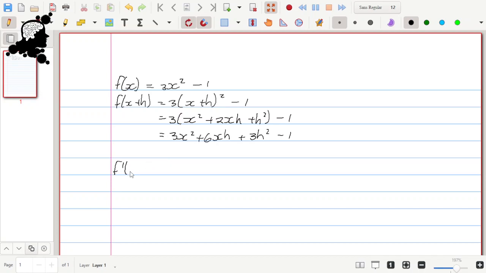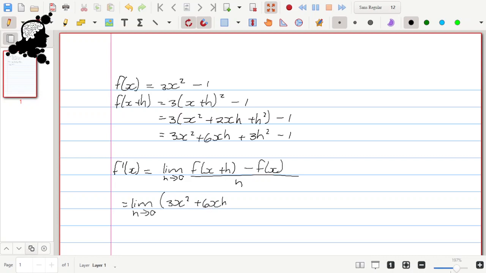Now we need to substitute this into our formula for the first derivative. We said that f prime of x is given by the limit as h approaches 0 of f of x plus h minus f of x, divided by h. Now we just substitute what we know. So we keep the limit sign until we substitute h is equal to 0. f of x plus h is 3x squared plus 6xh plus 3h squared minus 1, minus f of x, which is provided up here, that's going to be 3x squared minus 1.